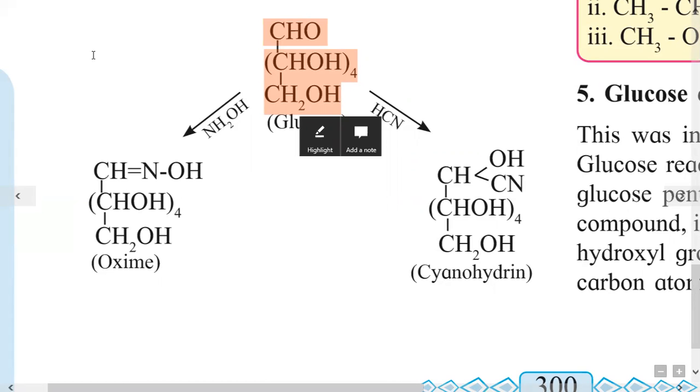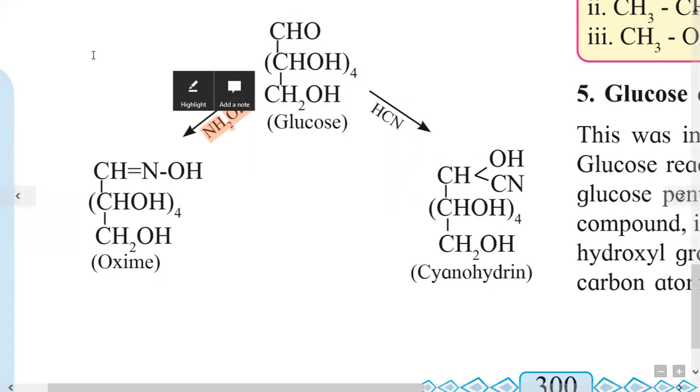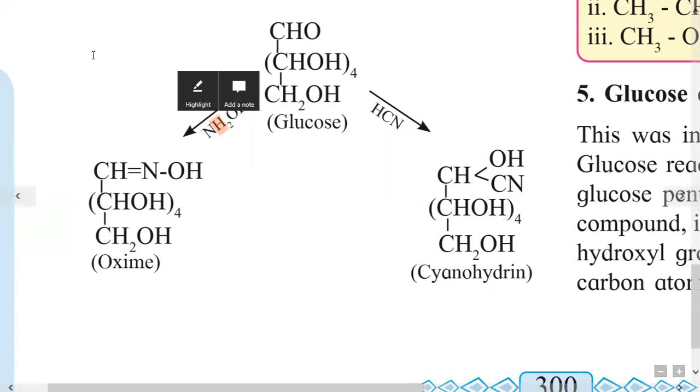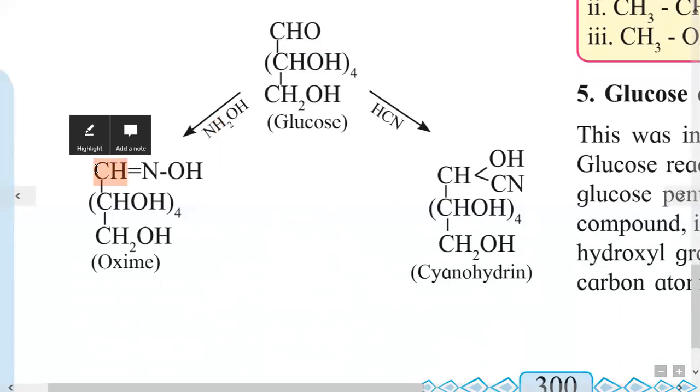Now the glucose molecule is treated with hydroxylamine. Hydroxylamine is NH2OH. The oxygen atom from the aldehyde group reacts with two hydrogens of hydroxylamine and gives H2O as a side product, and the remaining part is CH from the aldehyde group of glucose, with the double bond NOH, the remaining part of hydroxylamine.